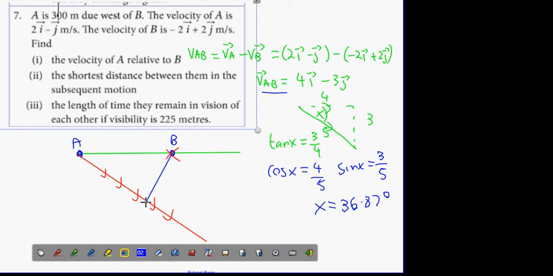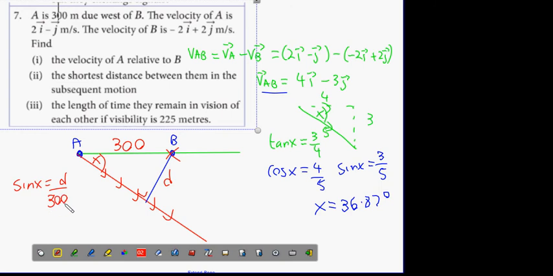Now how do we find out what D is, guys? We know the green line to be 300. We know this to be angle X. And we know D is here, and that's 90 degrees. So, what function should we use? Sine, cos, or tan? So, sine X is D over 300.